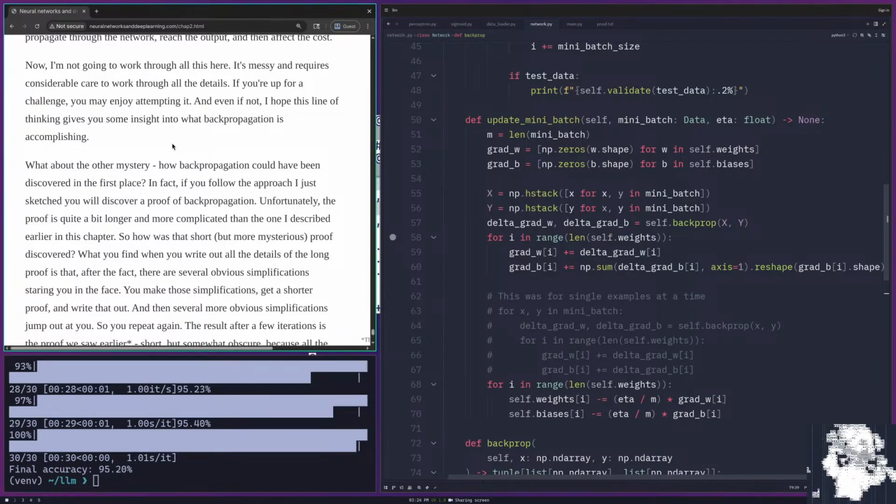Yeah, I think it does. It's basically like, once we had the idea of delta at each layer, then we were able to come up with expressions for ways of calculating the derivative of C with respect to W and with respect to B. And this is saying, here's how you could have come up with the concept of the deltas.